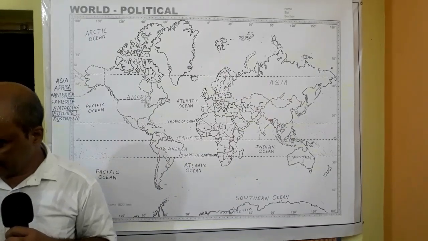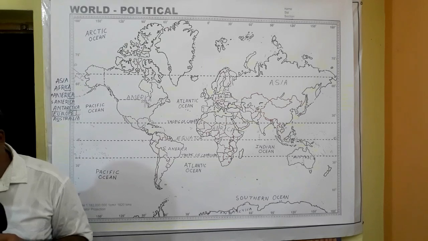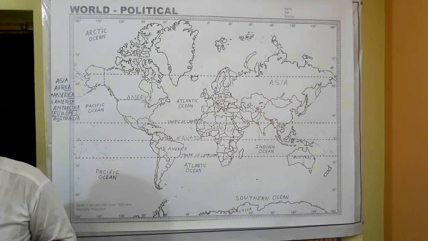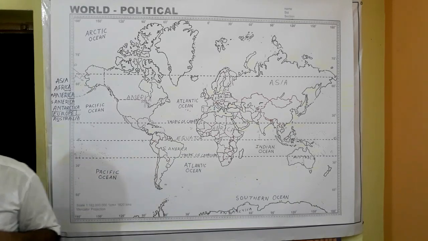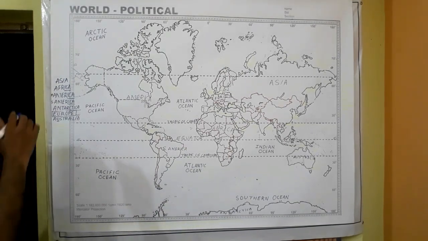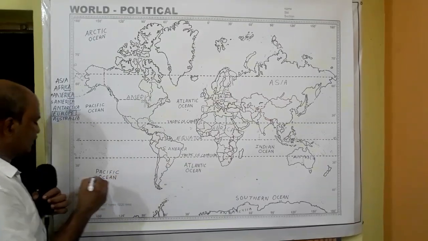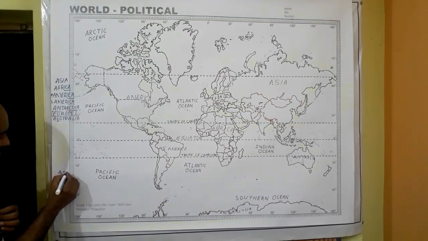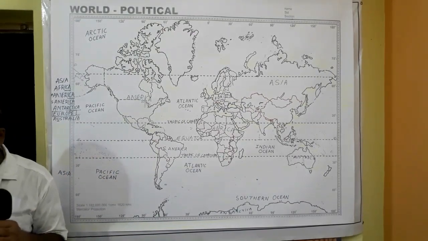Now let us see by population. If you go by population, here we have one interesting part. The first one is Asia. So again you write Asia, which is a 4-letter word.